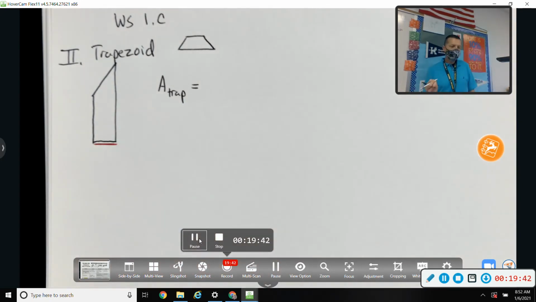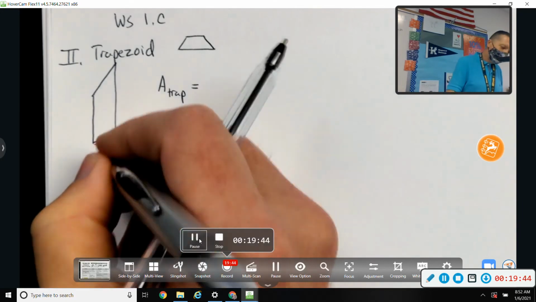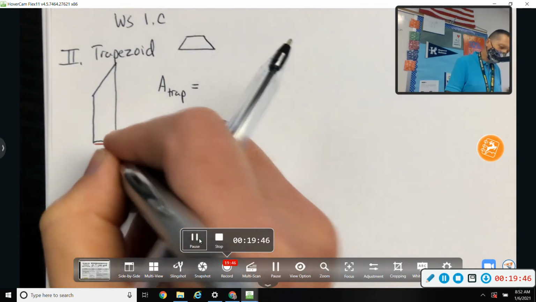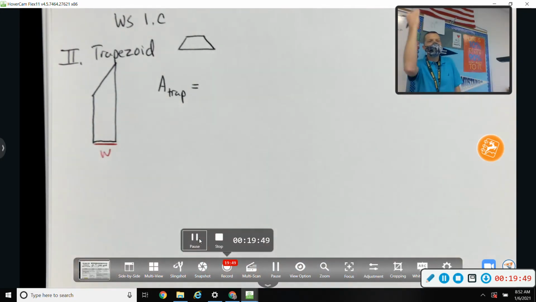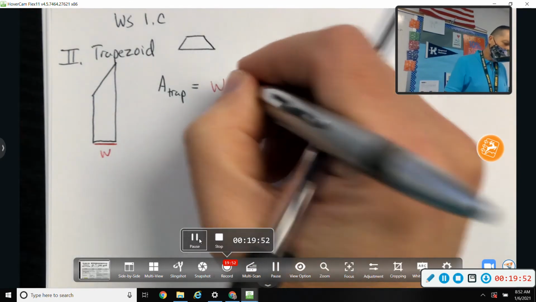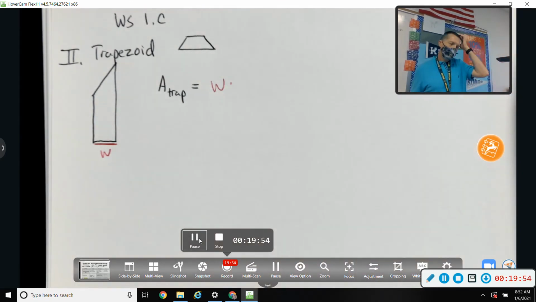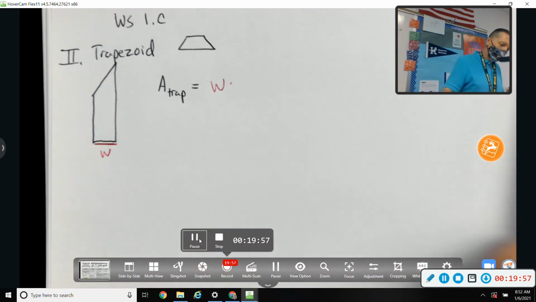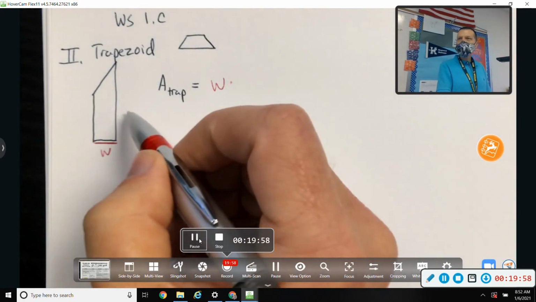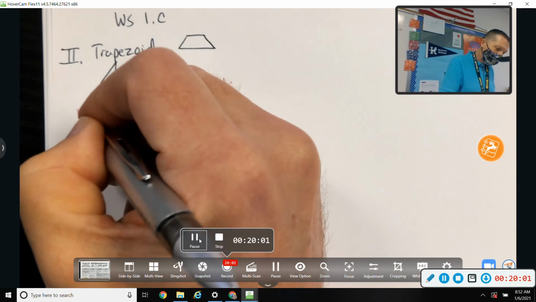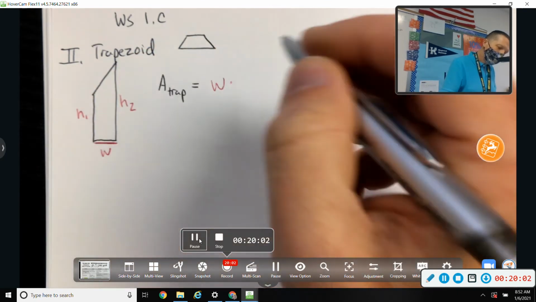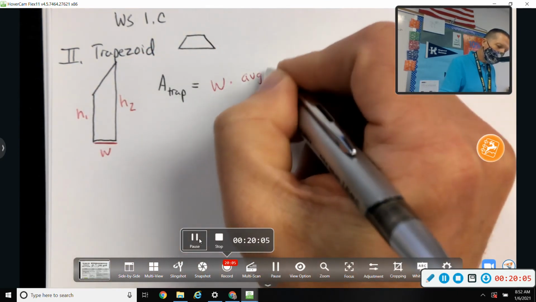You can call it either one. I'm going to call it the width. Sorry. If you want to call it the base, call it the base. It's fine. So our area of a trapezoid is width times, I guess we're going to call these the heights. But there's 2 different heights. So it's the width times the average height.